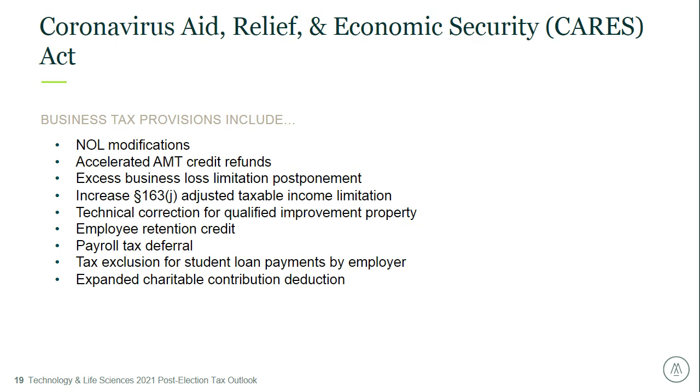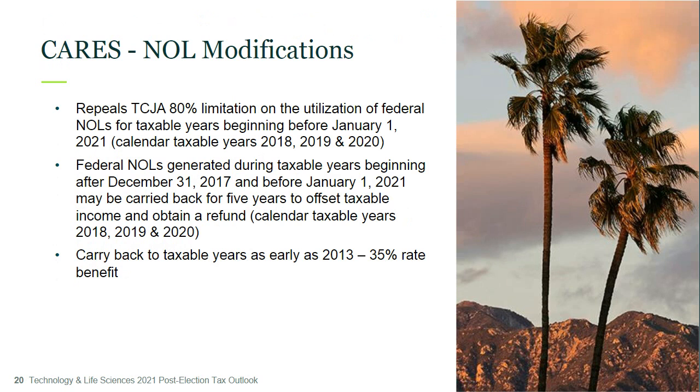The first being the NOL modifications that were provided by the CARES Act. So the Tax Cuts and Jobs Act, which was signed back in 2017, provided an 80% limitation on the utilization of federal NOLs beginning with taxable year 2018.